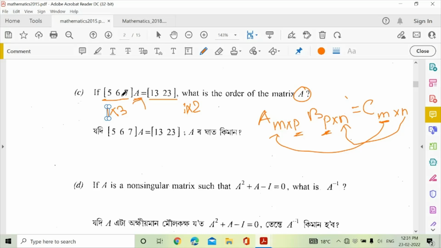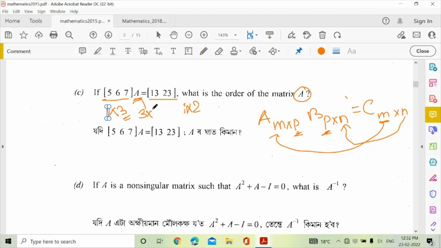As multiplication exists here, the number of columns of the first and the number of rows of the second must be equal. So the number of rows of the matrix A is 3.